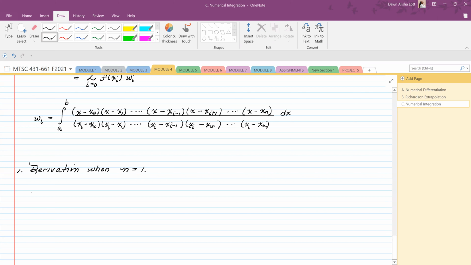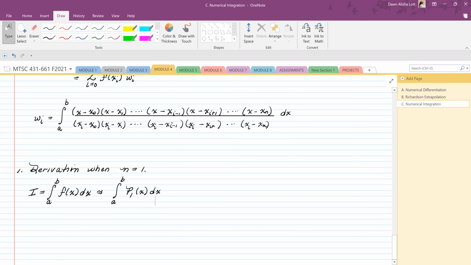All right, so we get I, the integral from a to b of f of x dx, is going to be approximately the integral from a to b of p1 of x dx.